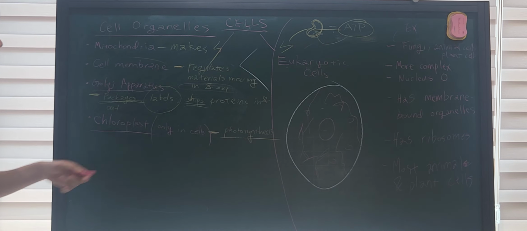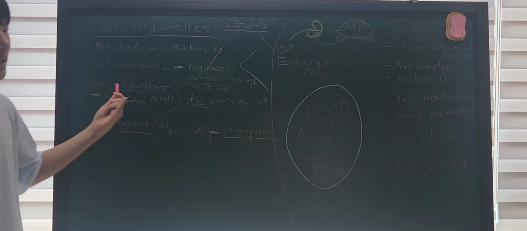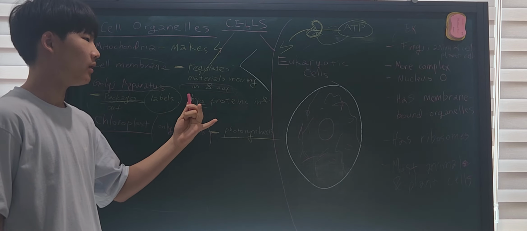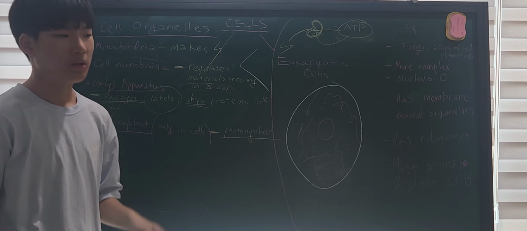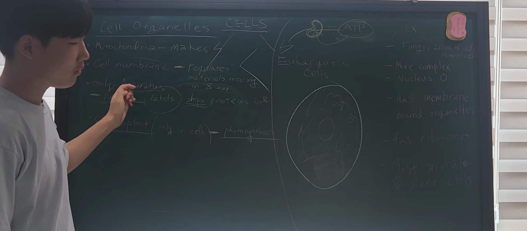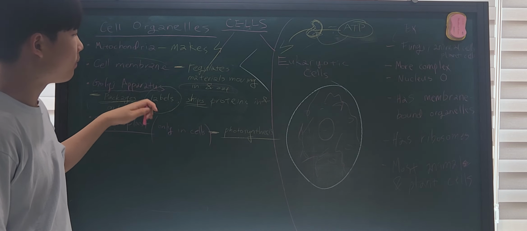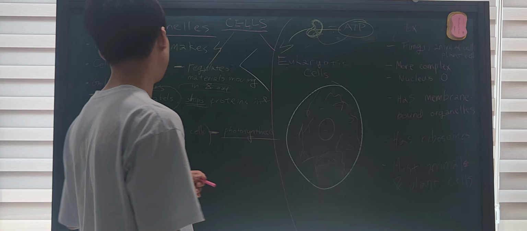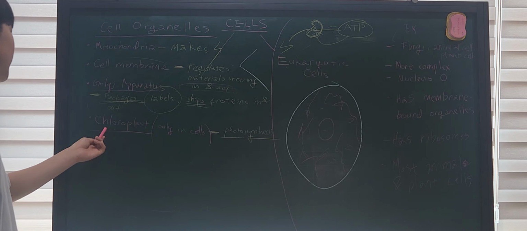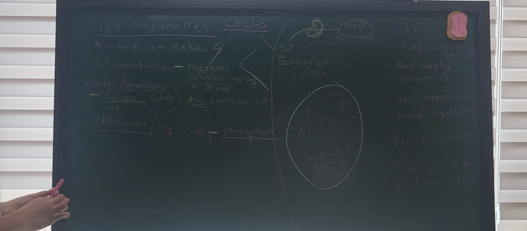The chloroplast converts sun energy into oxygen and water. Yeah, this only exists in plant cells. And this is also a cell organelle.